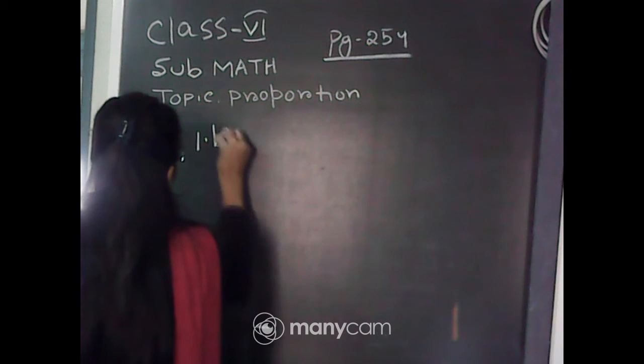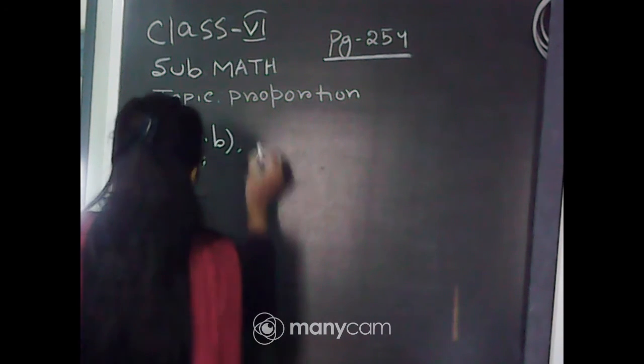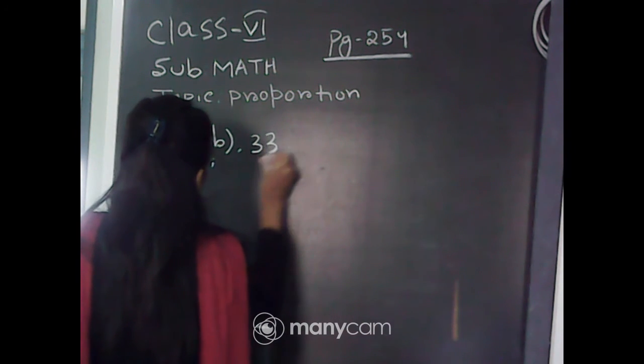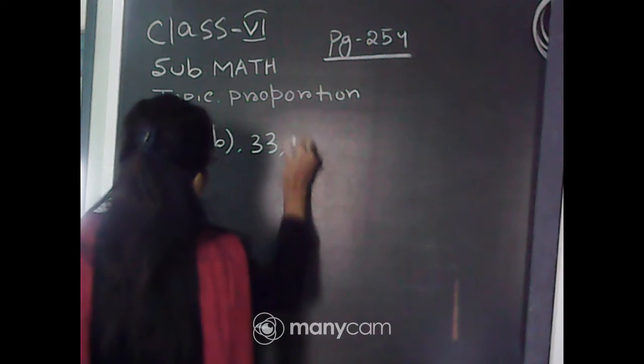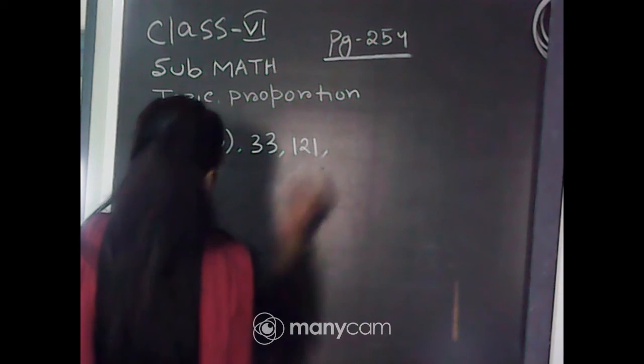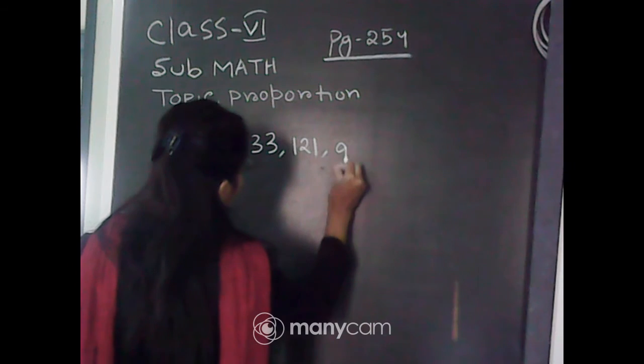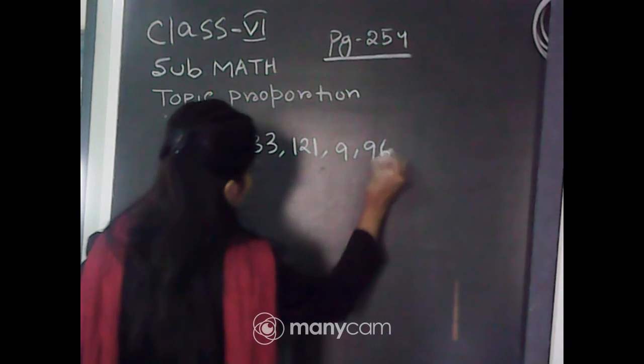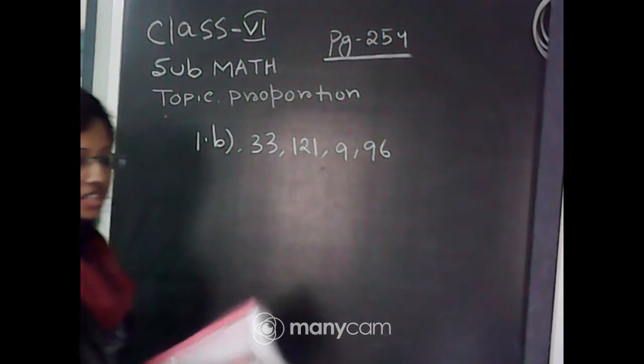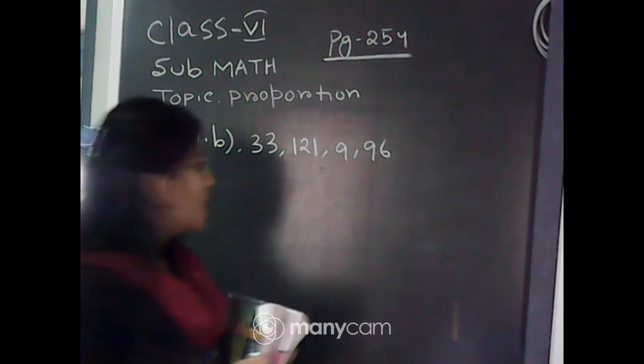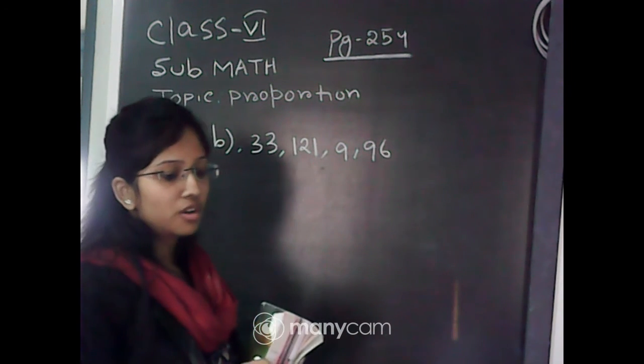First question 1b. Here the quantities are 33, 121, 9 and 96. We check whether the quantities are in proportion or not.